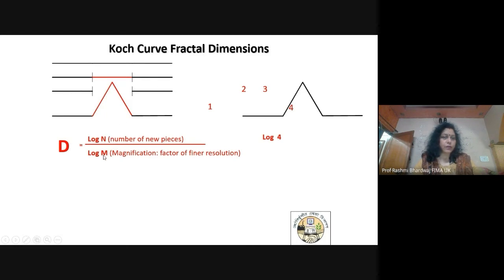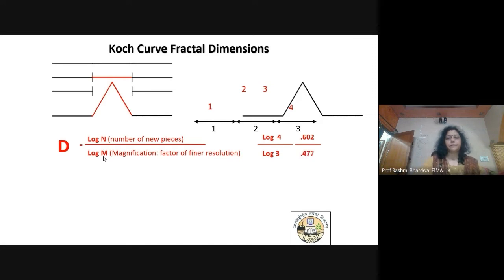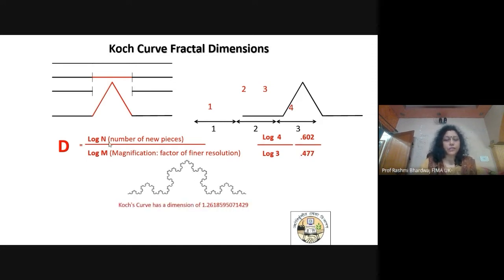So it is log 4 by log 3, and it comes out to be 1.26. Now you see that it is not an integer value, as neither is it a one dimension line nor a complete triangle. That's why its dimension is neither 1 nor 2, but in between, which is 1.26.